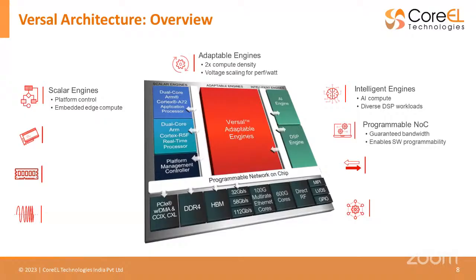And to use this structure much more efficiently and much more time sensitively, we have something called a programmable NOC. The programmable NOC is nothing but a network on chip, right? Having this, you're getting a bandwidth of about 10 gigabits per second, right?